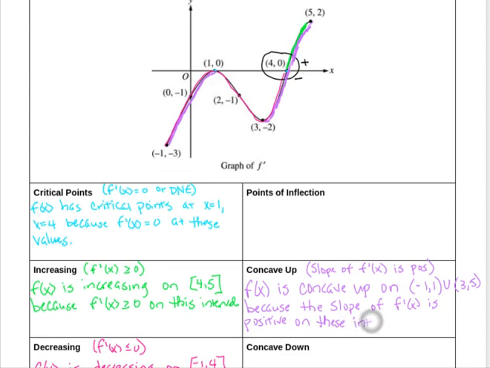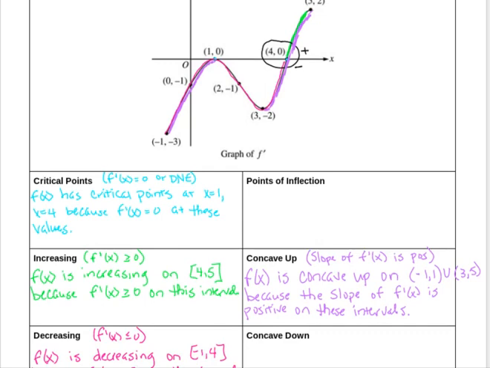And again, we're looking at the slope of f prime. So since f prime is increasing along those intervals, the slope of f prime is positive, which means the second derivative is positive. That's how we know the function is concave up.